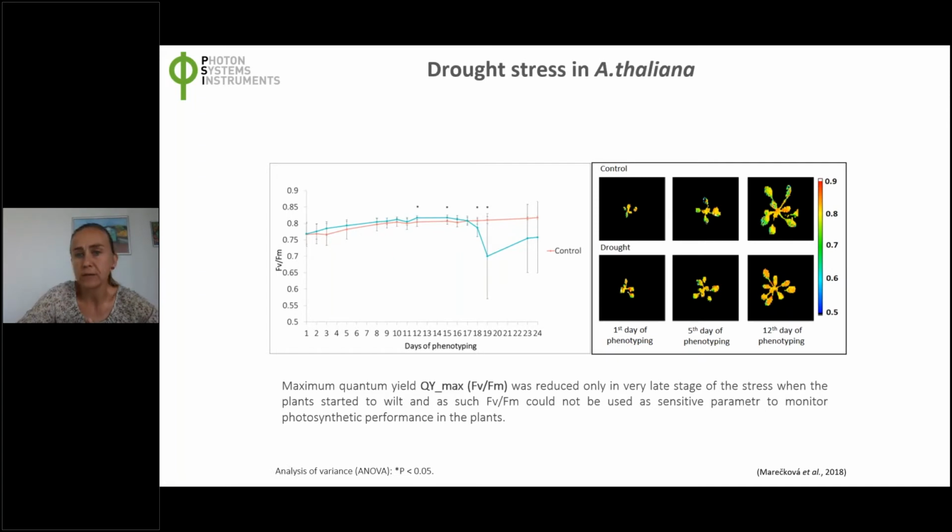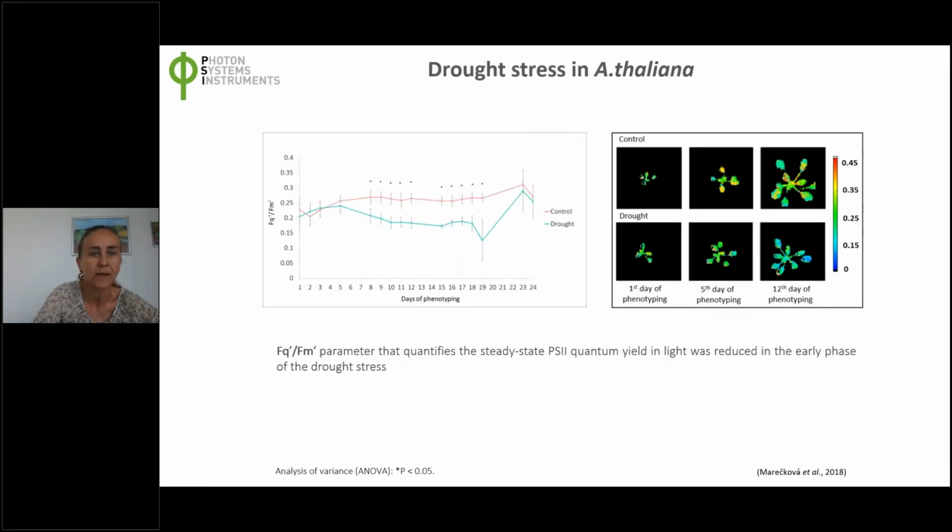Here is an example of drought stress application in Arabidopsis thaliana, when the plants were subjected to progressive drought stress and kept in these conditions without watering for a little bit more than 2 weeks. Red is control, blue are plants that were drought stressed, and we can see that for up to 16 days, where on day 18 the plants were rewatered, we don't see much effect on the level of maximum quantum yield.